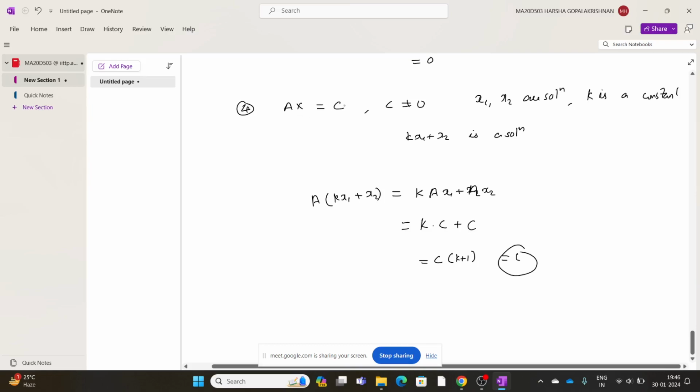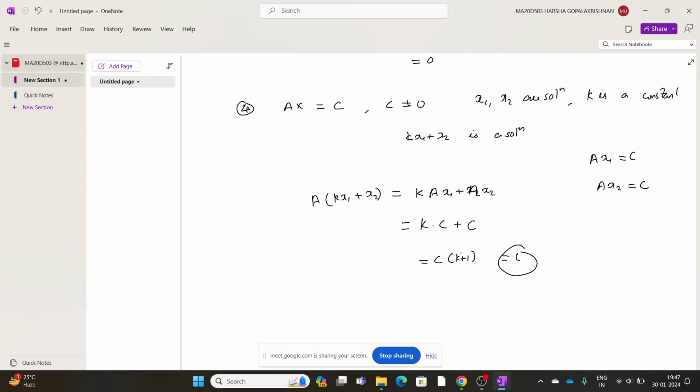Ax equal to c. So x1 is a solution of this system, meaning Ax1 equal to c. x1 satisfies this equation, not 0. And Ax2 equal to c. c is some column vector. A is a matrix, x1 is a column, c is a column. That is why c is coming here.